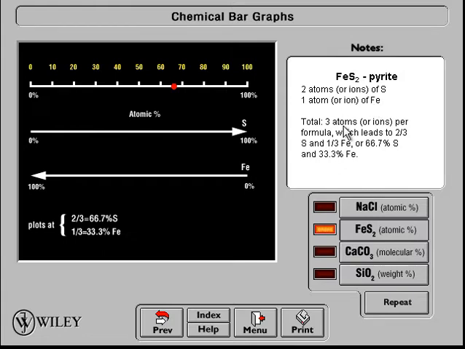Then we have in total 3 atoms or ions per formula, which leads to 2/3 or 67% concentration of sulfur and 33% of iron. So here we have the 67% of sulfur, and from here to here the 33% of iron.